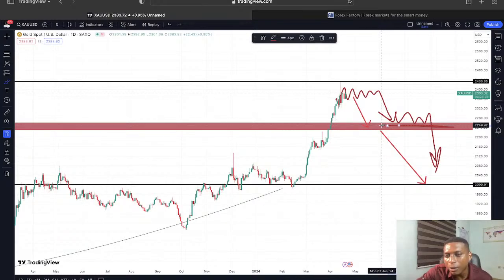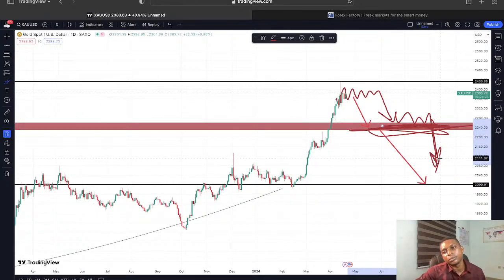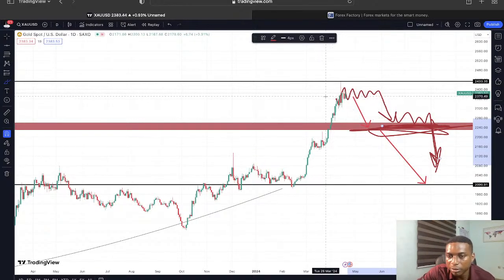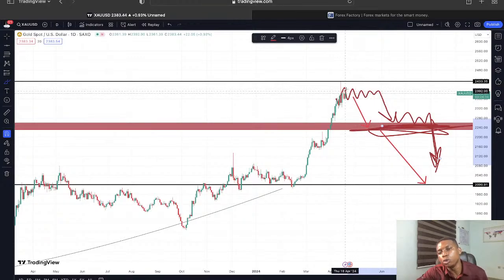There has not been any support at this level before, so the possibility of a breakout is high. So aside from the influence of economic factors, the movement of gold would most likely go like this.